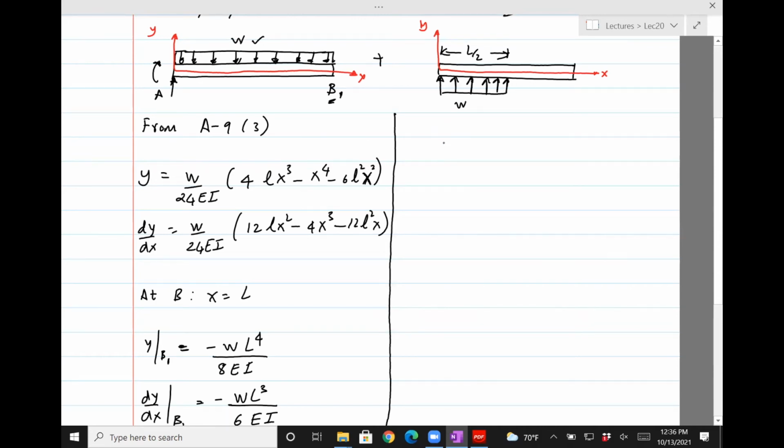So when this deflects, in this case, it's going to deflect upward. So you would have something like this, due to the load.